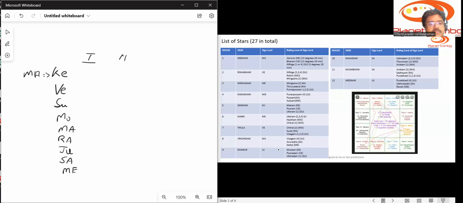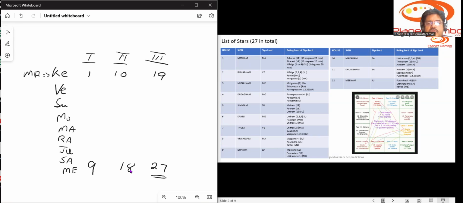Each planet owns 3 stars. So Ketu will own the first star, the 10th star, and the 19th star, because the cycle comes after every 9 planets. Similarly, Mercury will own the ninth, the 18th, and then the 27th. This is how the total number of stars comes to 27.